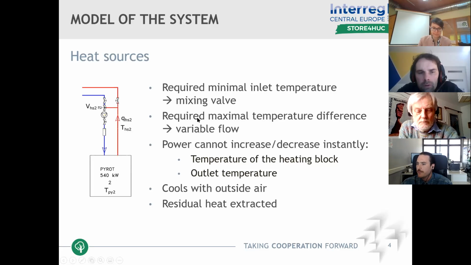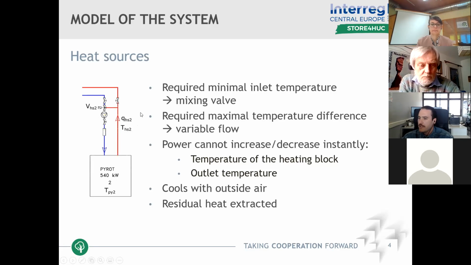So to keep up with the datasheet, to ensure the long life of the boiler, we need to respect this maximal temperature difference. So we run this pump so that it ensures a maximum of 15 degrees or less in temperature difference.